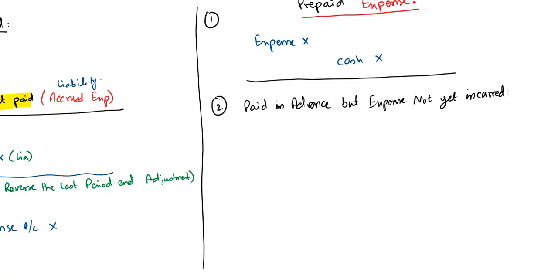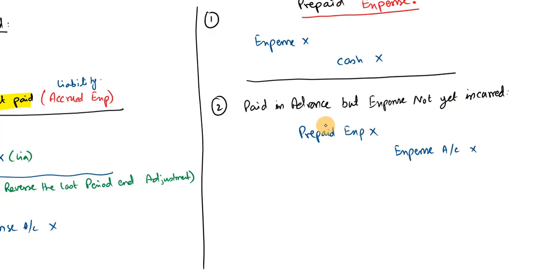The entry will be prepaid expense debit and the expense account credit. Prepaid expense, which is an asset, is debited, and the expense account is credited. So this entry we will pass in case of paid in advance but expense not yet incurred.